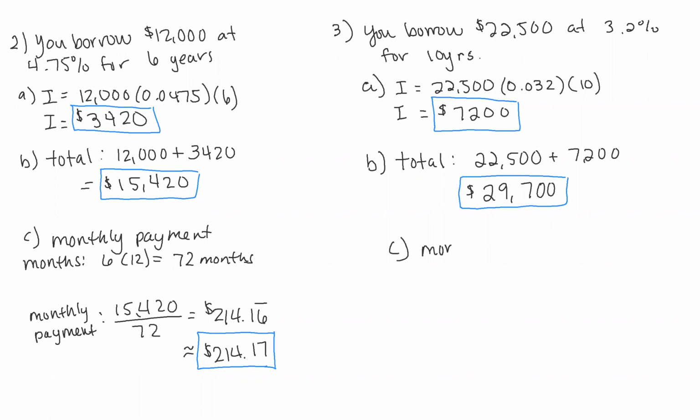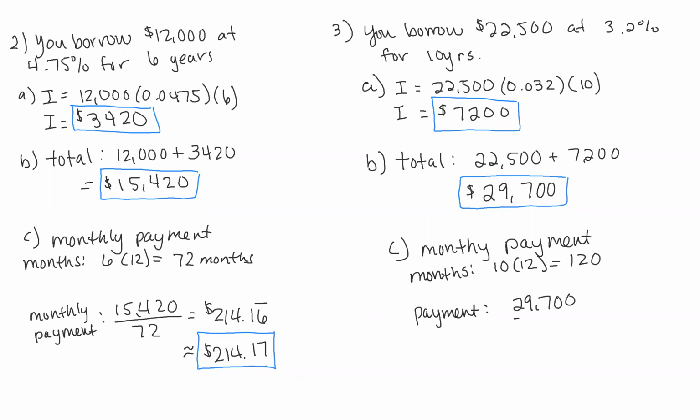Now for the monthly payment, we first need to figure out the number of months. So we've got 10 years to pay this back. Each of those 10 years has 12 months. So we basically are going to be making 120 different payments of equal amounts. So the payment is going to be the total amount that we have to pay back divided by the number of months we have to pay it.